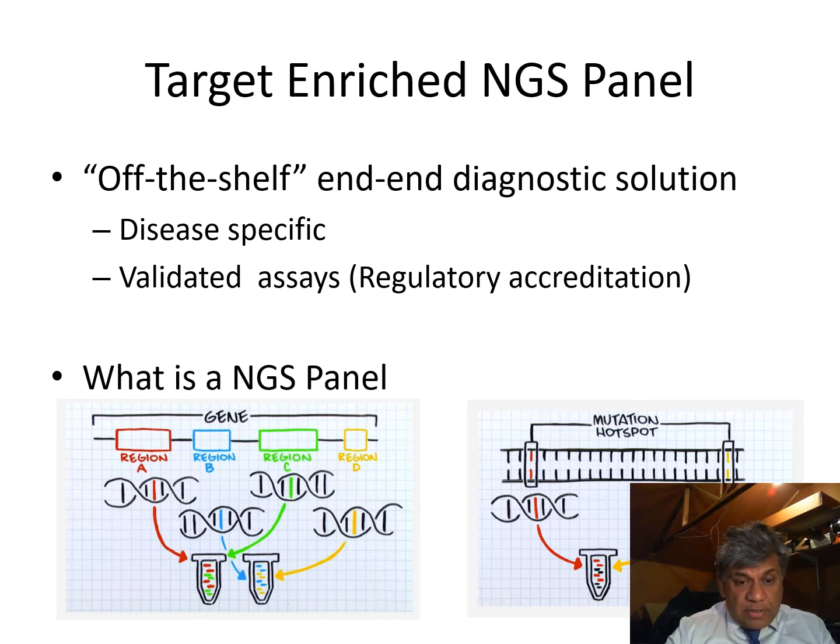An NGS panel consists of several regions which could be adjoining each other on the same gene or on the same chromosome or on different chromosomes. So it's just showing here regions of one gene.